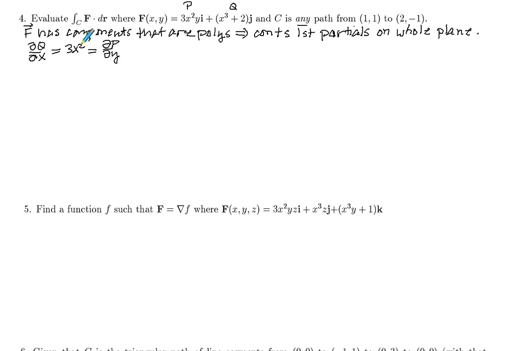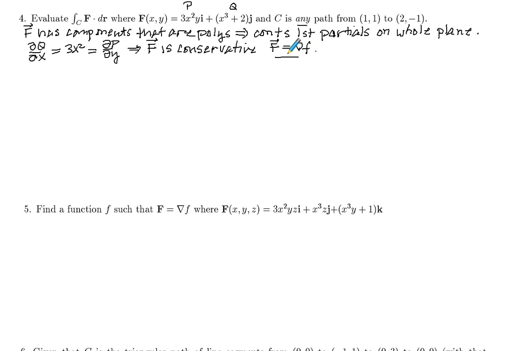And that was the last condition to check that F is conservative. Okay, so we know that F is conservative. That was one of our theorems. In other words, our F equals the gradient of little f. So now we've got to find that little f.